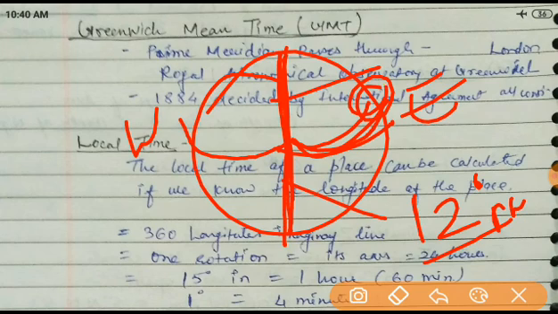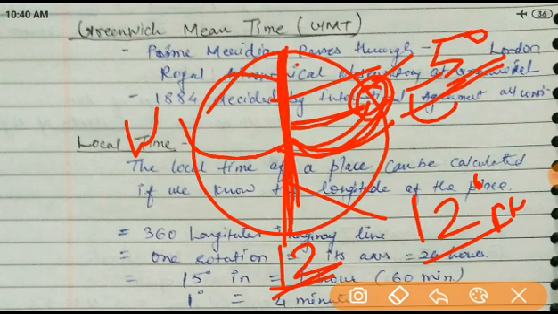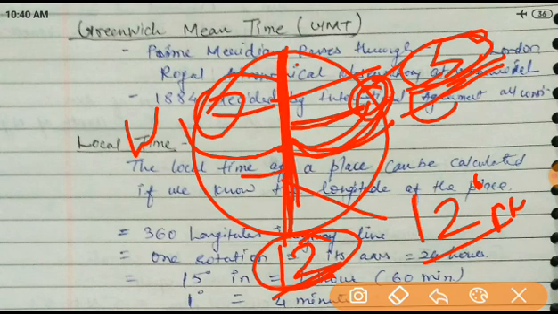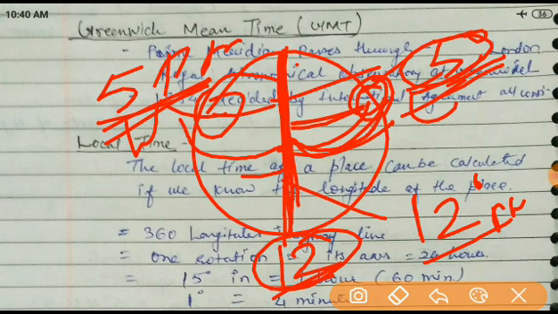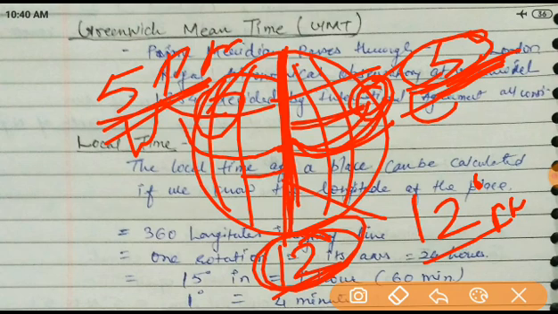Just like if here it is Japan, and 12 o'clock is here in London, in Japan, depending on the distance of the meridian, the time may be 5 o'clock in the morning at the same moment. Maybe here it is America, where the time may be 5 p.m. Sorry, this is 5 p.m., this is 5 a.m., and here it is 12 noon. So that is the difference, and that's why these longitudes are very important. I hope it is clear.